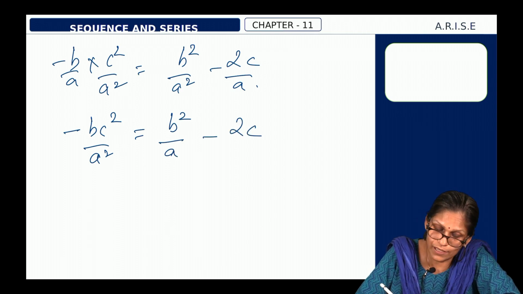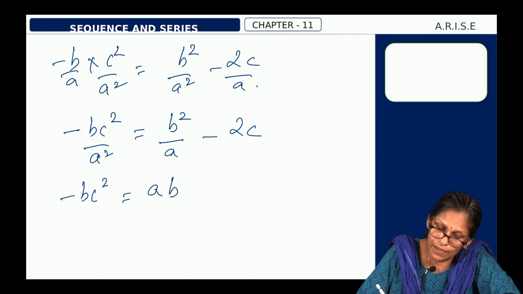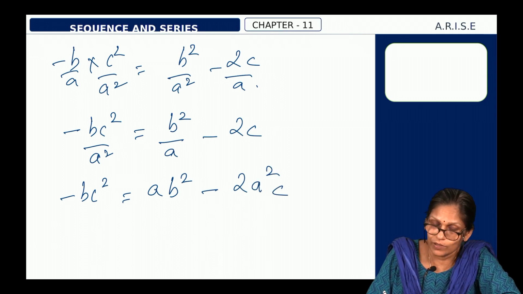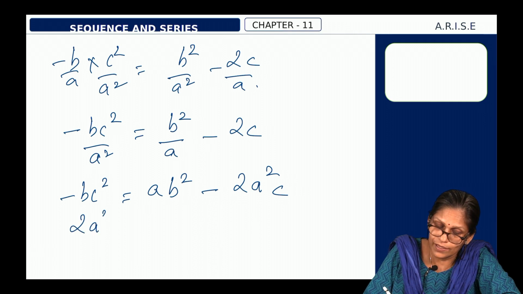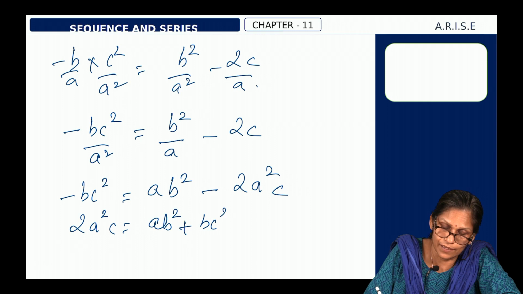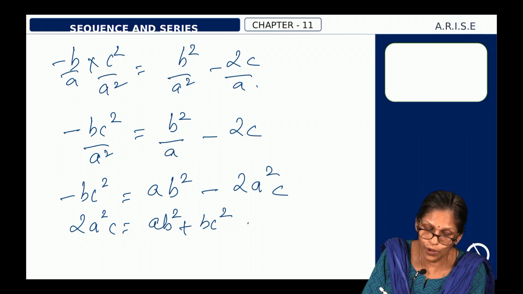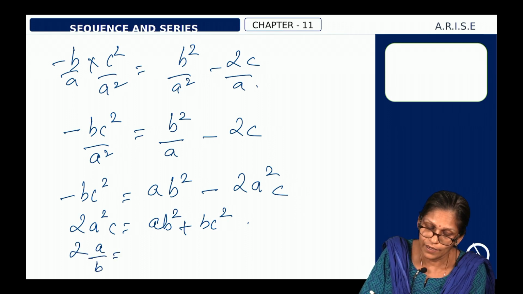Multiply throughout by a squared, you have minus bc squared is ab squared minus 2a squared c. Rearrange to get all positive terms, you have 2a squared c is ab squared plus bc squared. Now, divide throughout by ABC. What do I have?